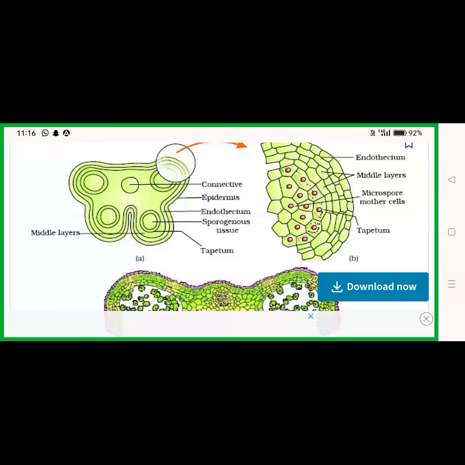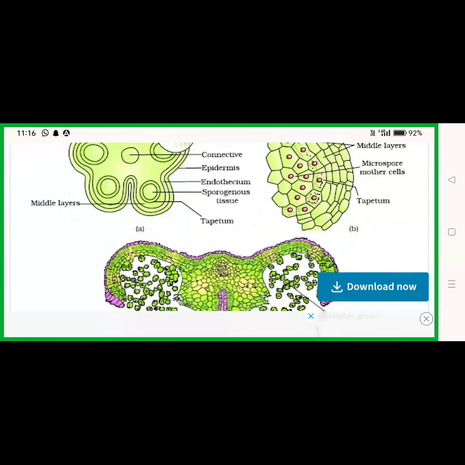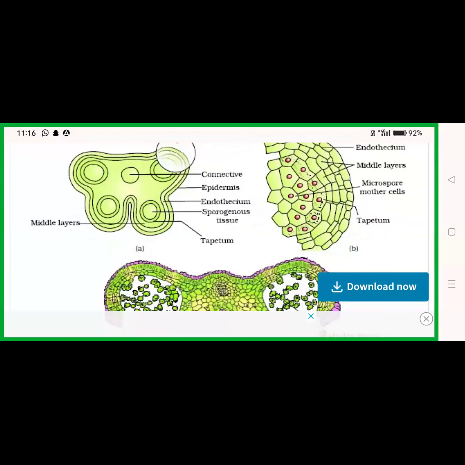That is the middle layers. And the last one is the tapetum. You see in this diagram, that is the tapetum. The tapetum is the innermost layer of the anther wall. It surrounds the sporogenous tissue and attains maximum development when the microspores are in the tetrad stage, after which it collapses. We already discussed the tapetum in the introduction class.